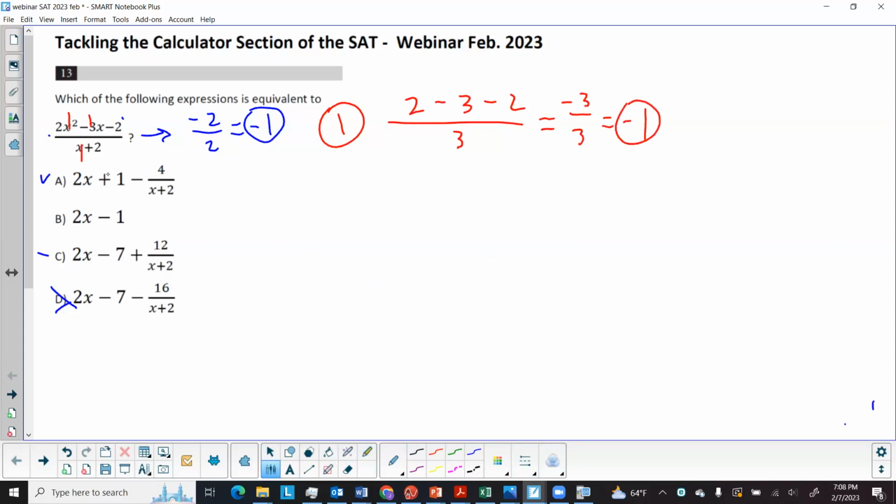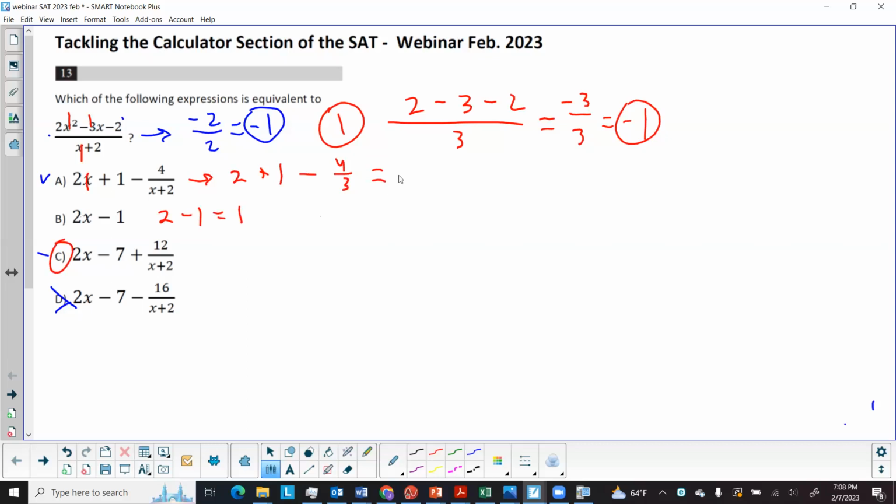And now let's see if this maybe eliminates a few more answers. So this would be 2 plus 1 minus 4/3. I'm not even going to bother to work that out. I can see there's a fraction there. It doesn't equal an integer. This would be 2 minus 1, which is 1. Now I know that one's got to work.